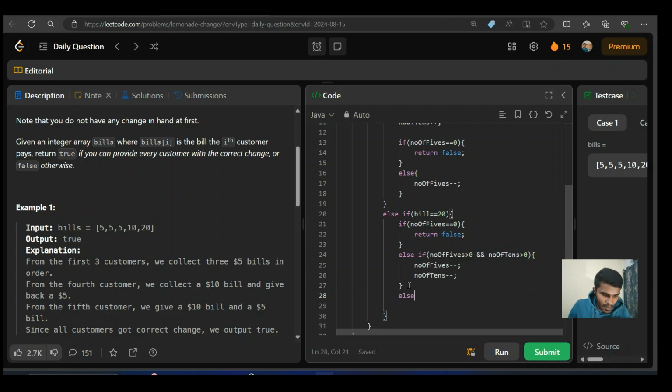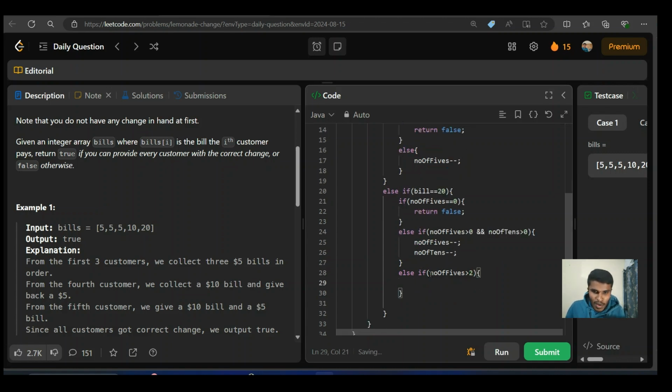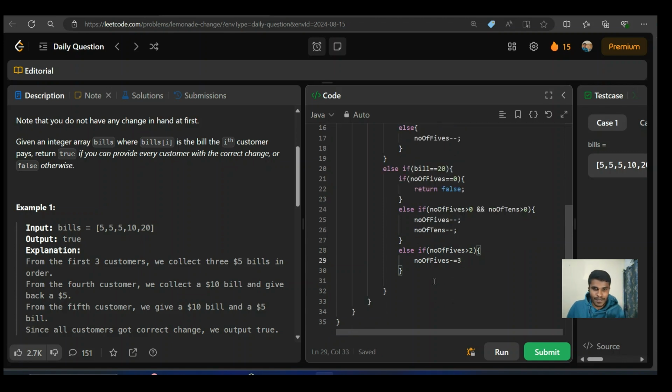Else if we have number of fives greater than 2, then we have to decrement our number of fives counter by 3 here. Number of fives minus equal to 3.